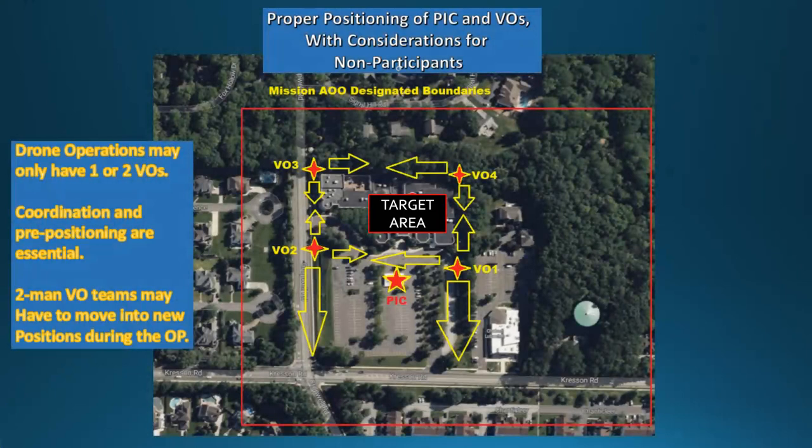And as the PIC flies it, the VOs are responsible for the remote aircraft as it comes around the target area. So there's a lot of trees there. The pilot might not be able to see the drone, especially where VO3 and VO4 are stationed. So as it comes into their area of responsibility, if the PIC has a waiver and doesn't have to see it, he or she relies on the visual observers.